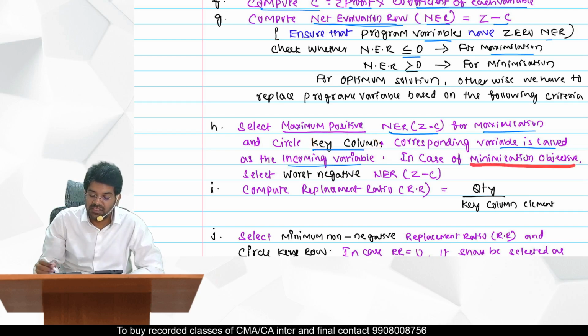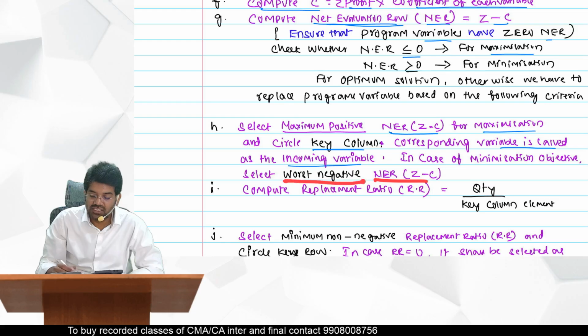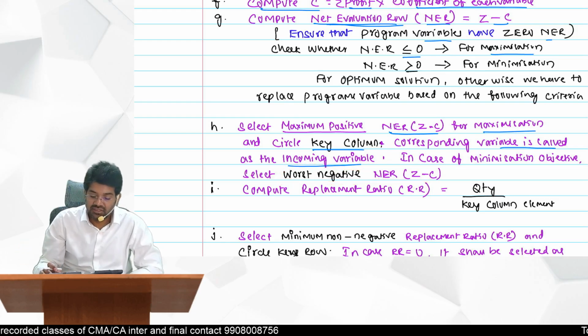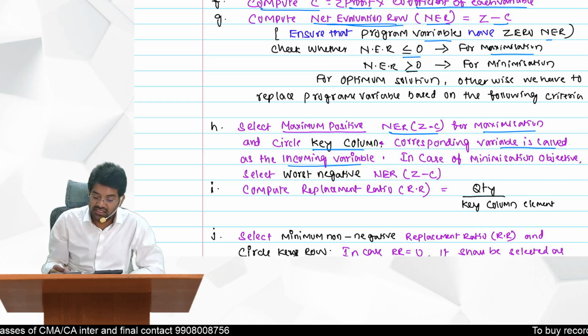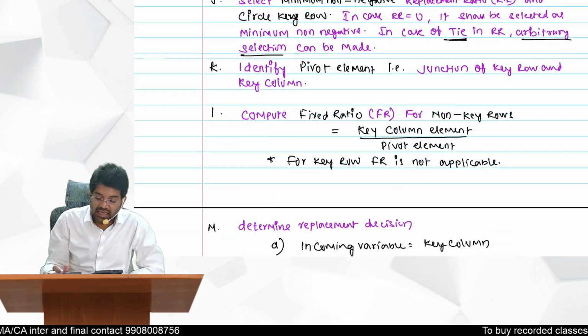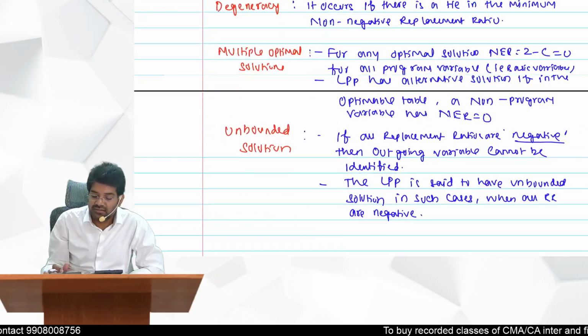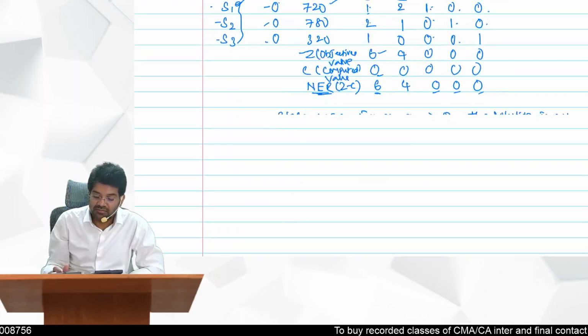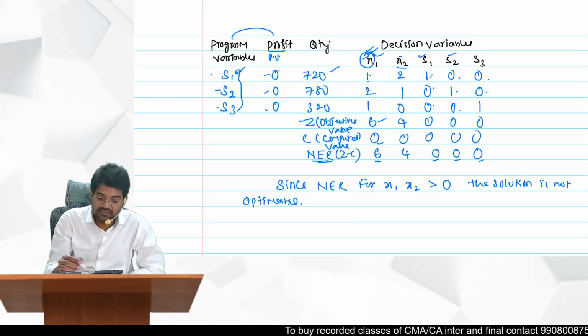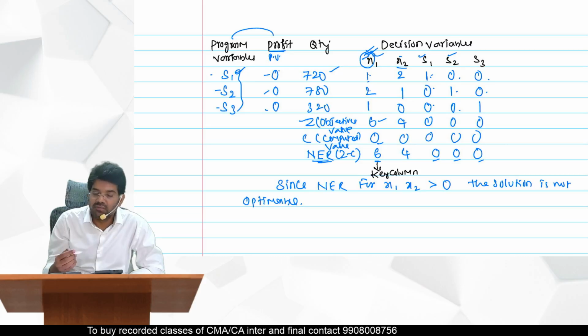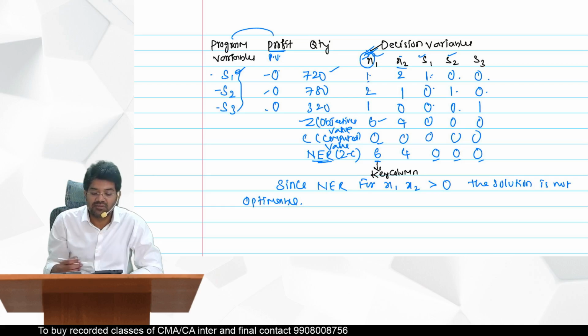In case of minimization, we take the worst negative NER. So out of these NER values, the maximum positive value we take as the key column, and this is what we are going to bring in now.